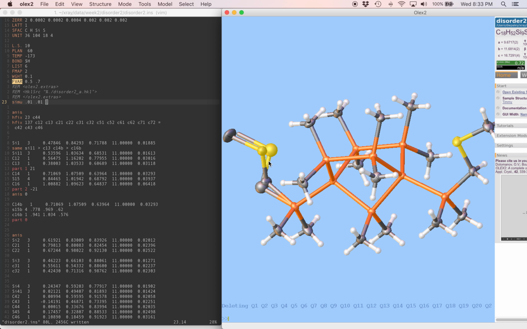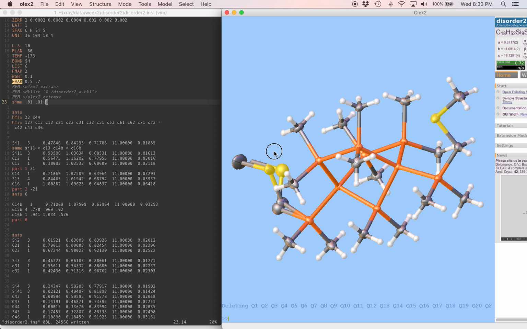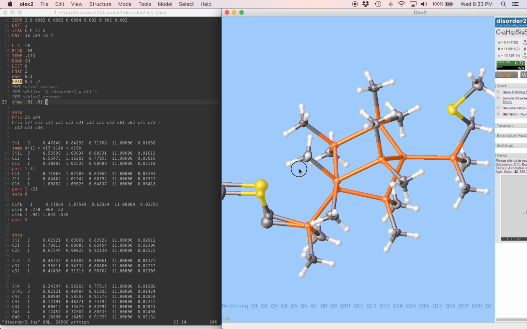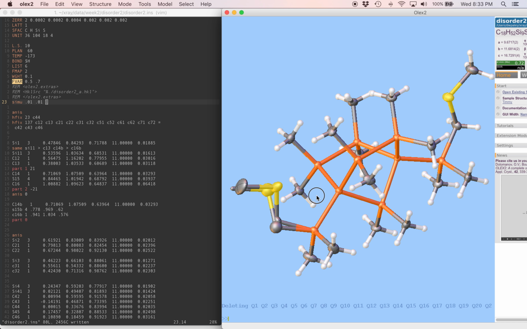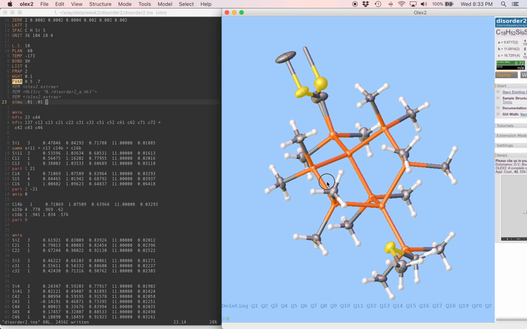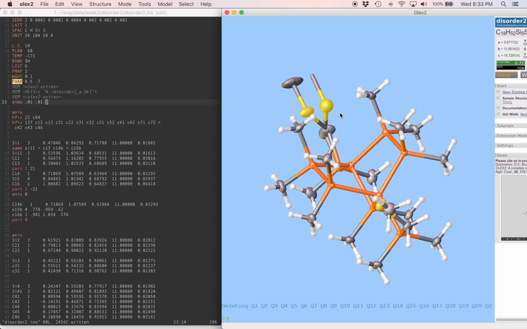Okay. How about this carbon-sulfur distance? Now it's 1.8 angstrom. These match each other, so that's a good sign. The displacement parameters on the minor component of this disorder, this is a common problem. We can see one, it's not crazy, but a bit big.